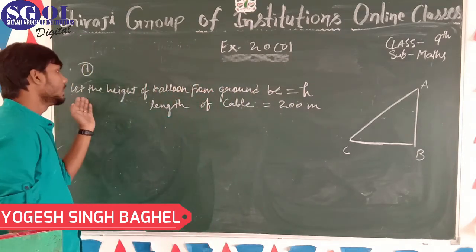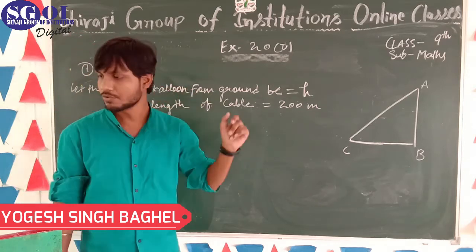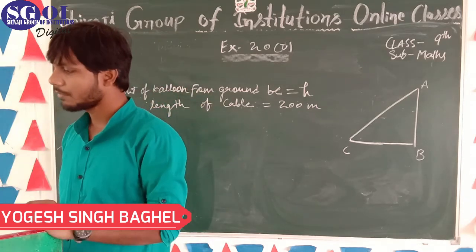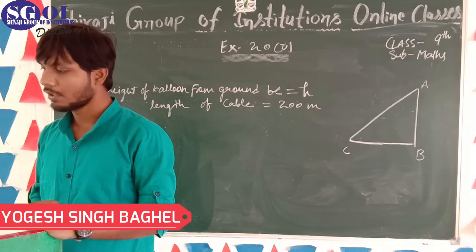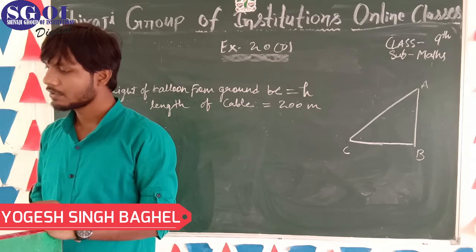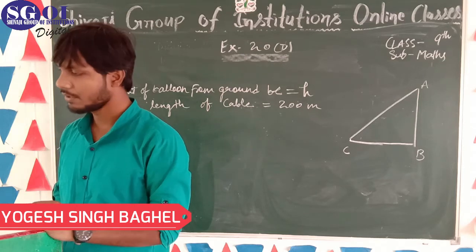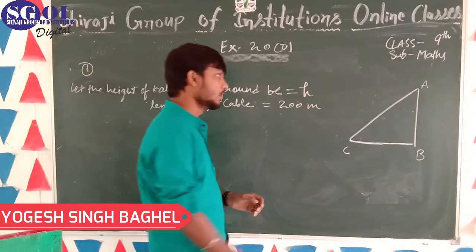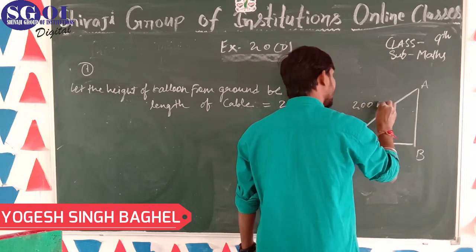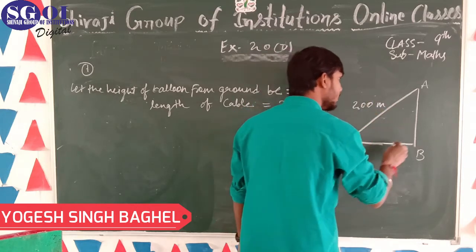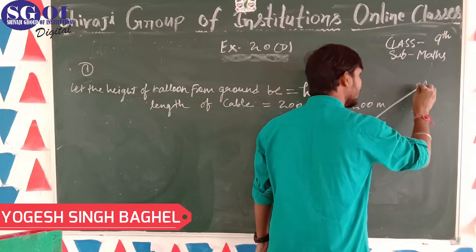The first question is: a balloon is connected to a meteorological station by a cable of length 200 meters inclined at 60 degrees. It means this is the cable, AC is the cable of 200 meters, and AB is the height.